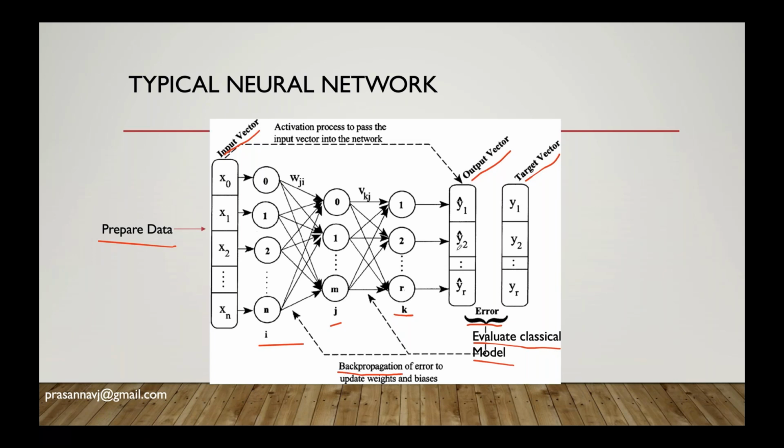You repeat this process until either your error is very small, or you reach a level where you may not be able to get much better results. At one point you stop and say, okay, this is fair enough for my neural network, and you will start utilizing it.